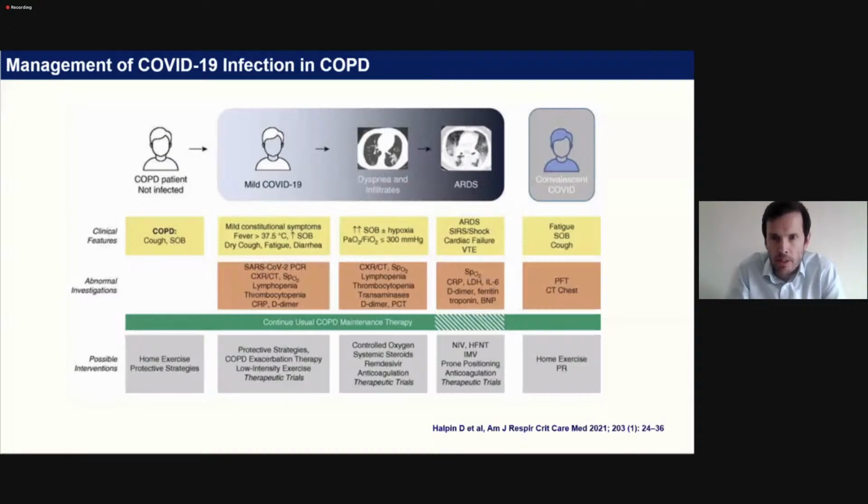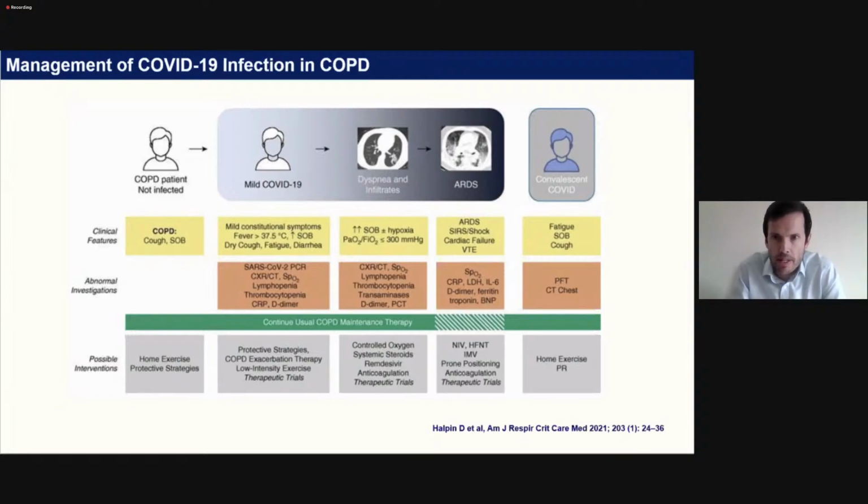Patients with COPD and mild COVID-19 infection are treated with their usual COPD therapy and COPD exacerbation therapy, in addition, obviously, to the usual protective strategies and exercise. A chest X-ray is indicated in patients with moderate to severe symptoms of COVID-19, and those with hypoxia and infiltrates should be treated with controlled oxygen, systemic steroids, which is typically dexamethasone rather than prednisolone in the case of COVID-19, remdesivir, and anticoagulation.